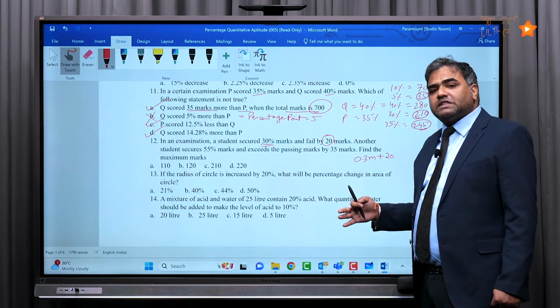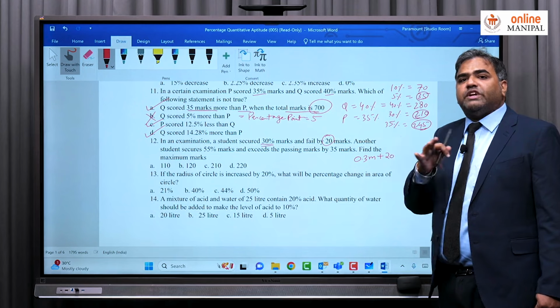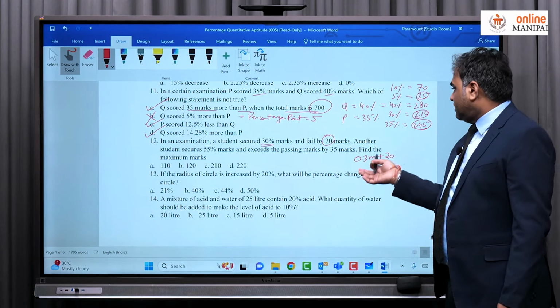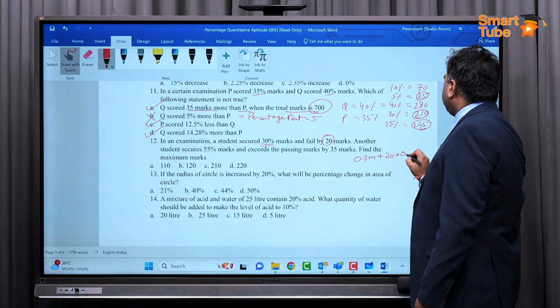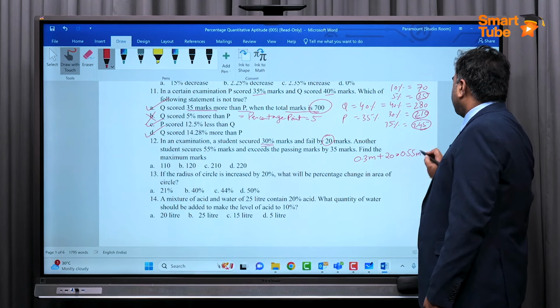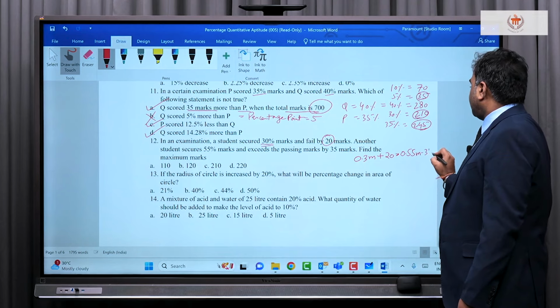Imagine 50 is the passing marks and you got 30 marks; if you add 20, you get the passing marks. Another student secured 55% marks and exceeds the passing marks by 35.